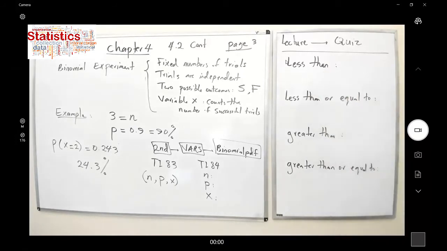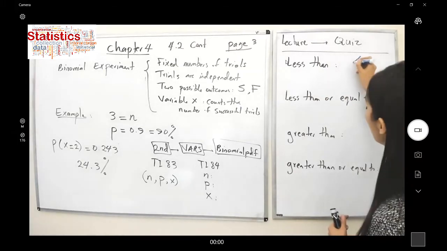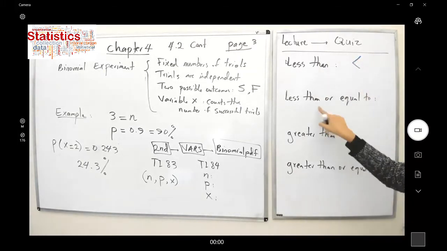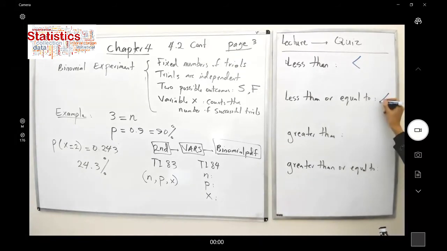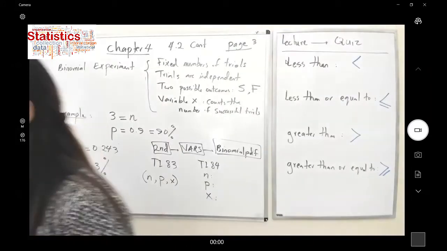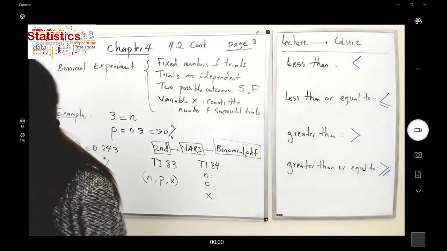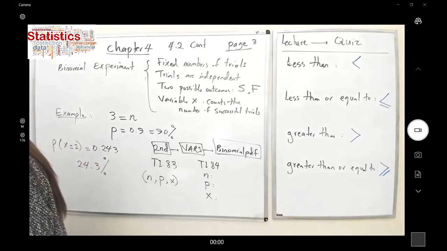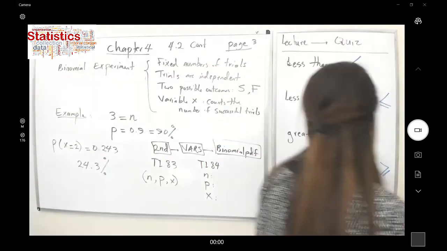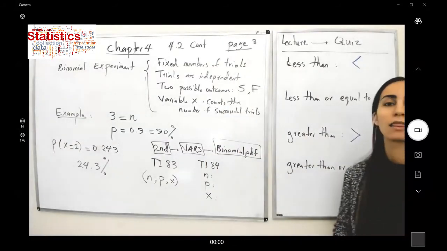Less than, the symbol that you're using is the inequality, less than. Less than or equal to. Greater than, the symbol that you're using, the inequality. Greater than or equal to has equality next to it. So what if you have the words at least?